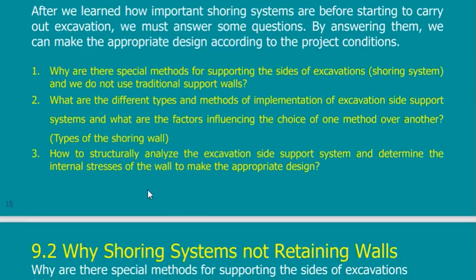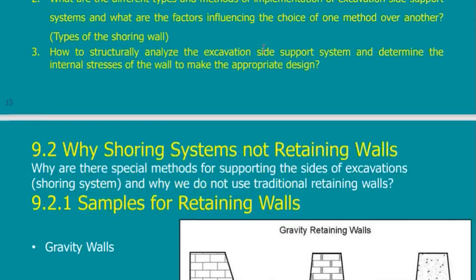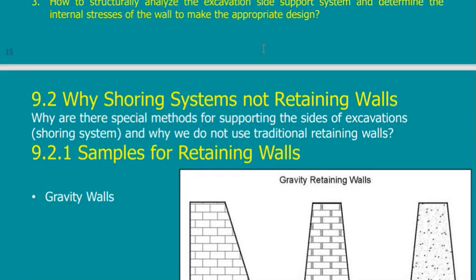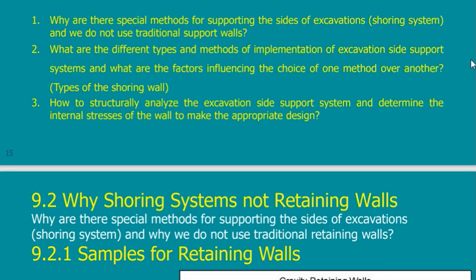Yes, you can read this text. Here, this is what we said in the introduction. What is the difference between why do we use shoring system and not retaining wall? If I want to use a shoring system to construct, let's see, this is page 50.